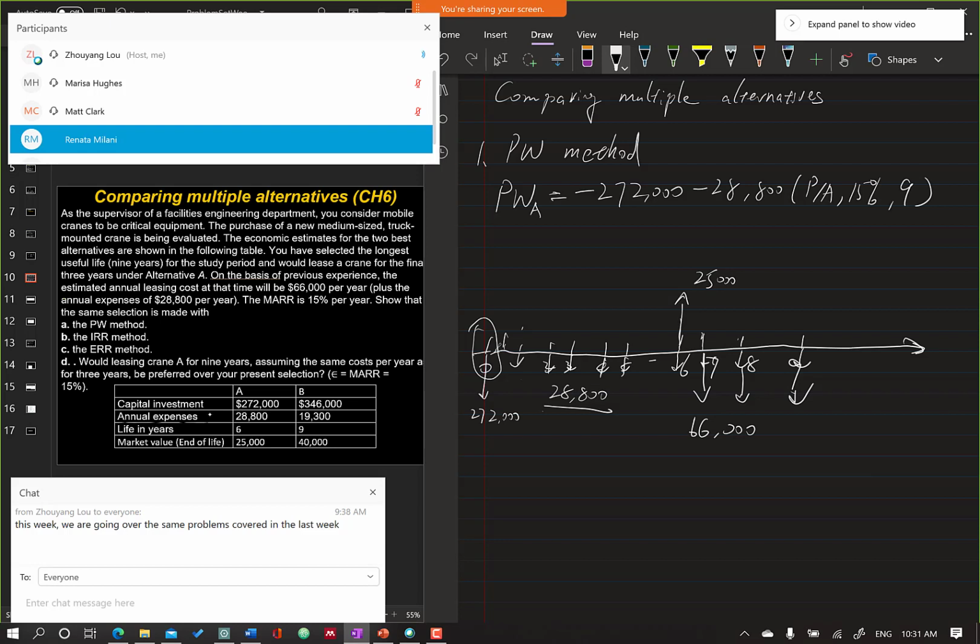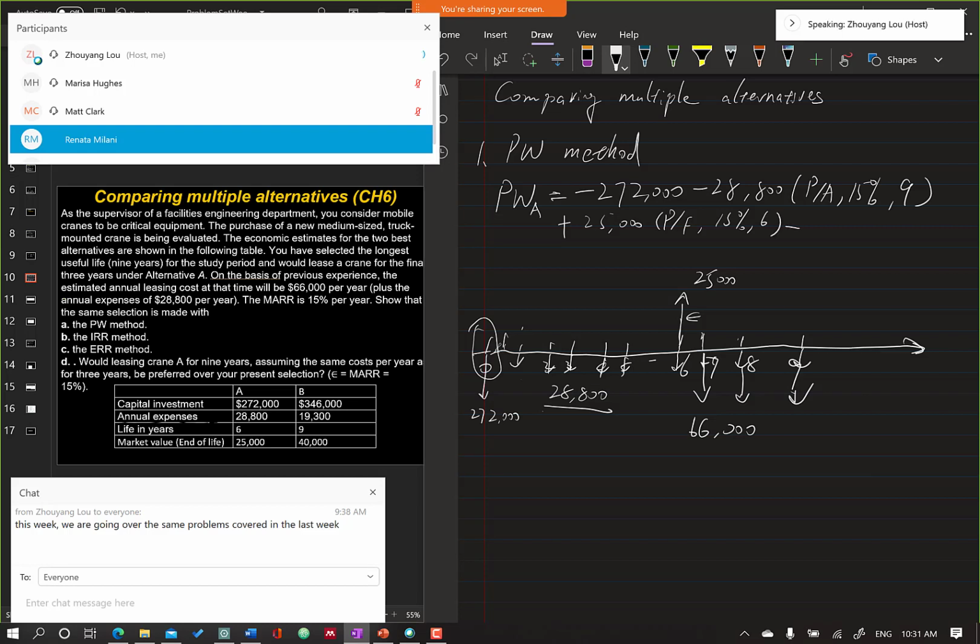And the next will be this market value, and that's an inflow. So plus we have the market value of 25,000. And we want to calculate present worth given that future value. Since that's year 6 to 0, that will be 6 years.